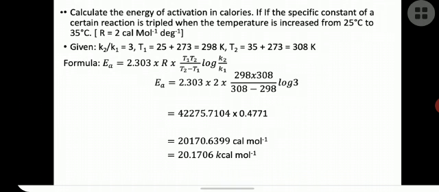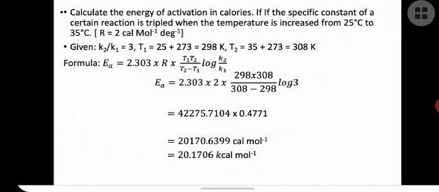Now I will read the problem again. Calculate the energy of activation in calories if the specific constant of a certain reaction is tripled when the temperature is increased from 25 degrees Celsius to 35 degrees Celsius. R is given to us, 2 calories per mole per degree.